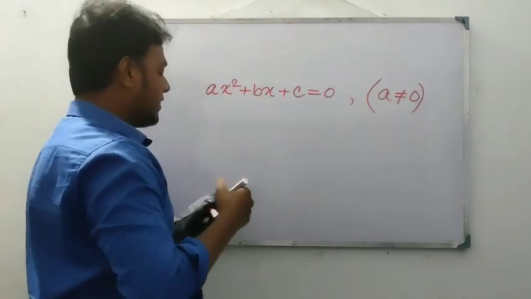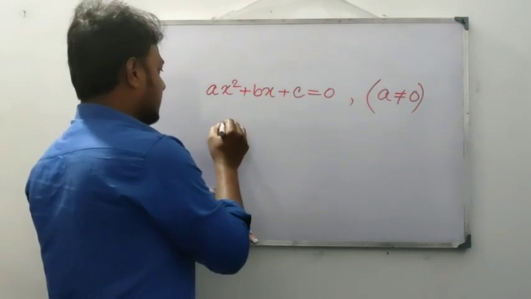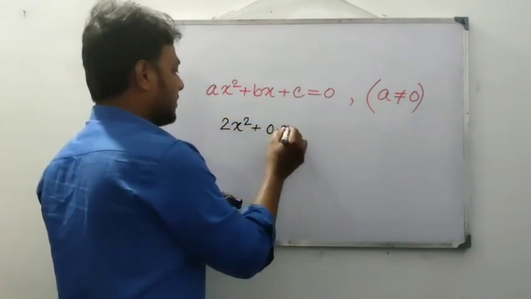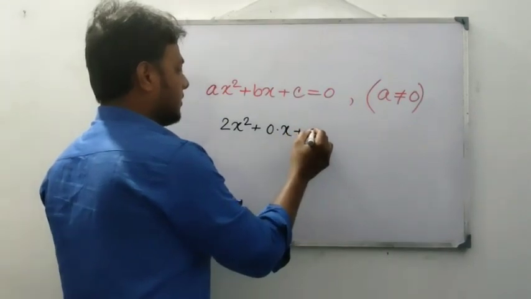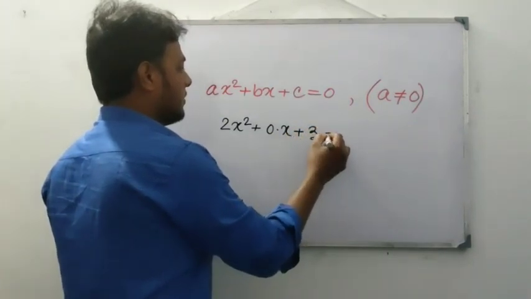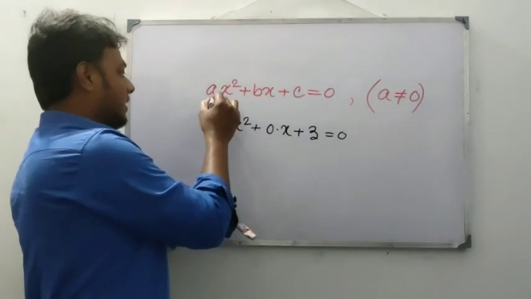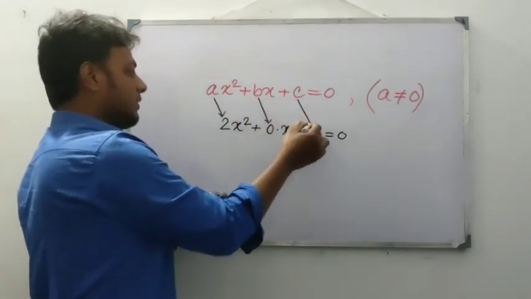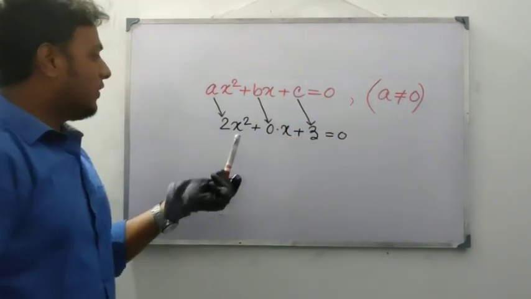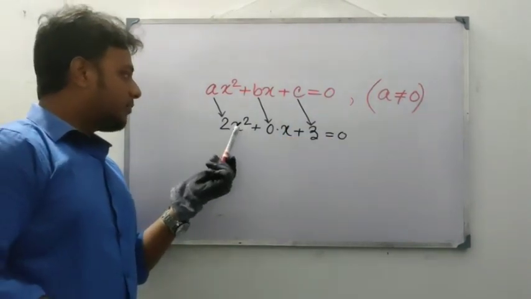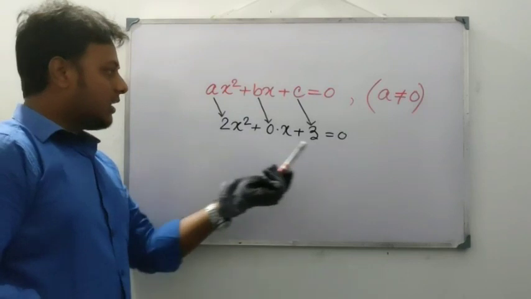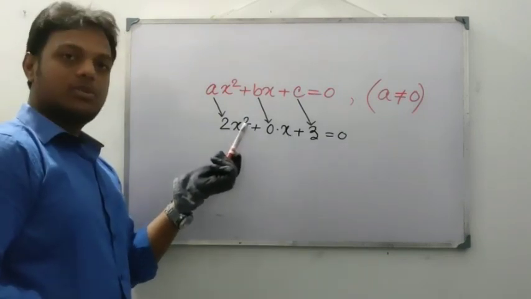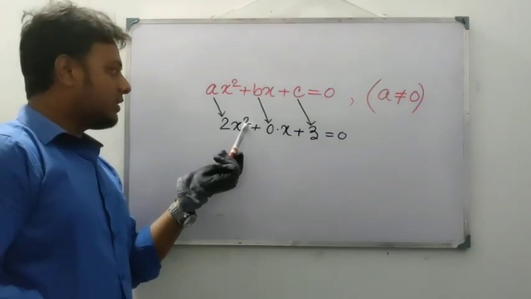Check by some example. Suppose 2x square plus 0 into x plus 3 equals to 0. If we compare with this, then a means 2 here, b means 0 and c means 3. So if you try to identify the degree of this equation, what is the variable here? x, and the highest power is 2.